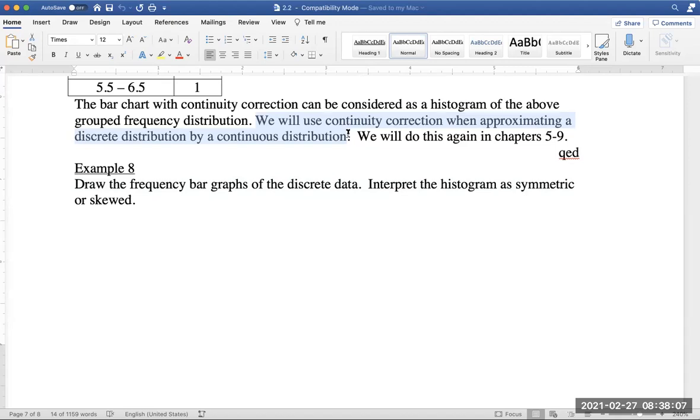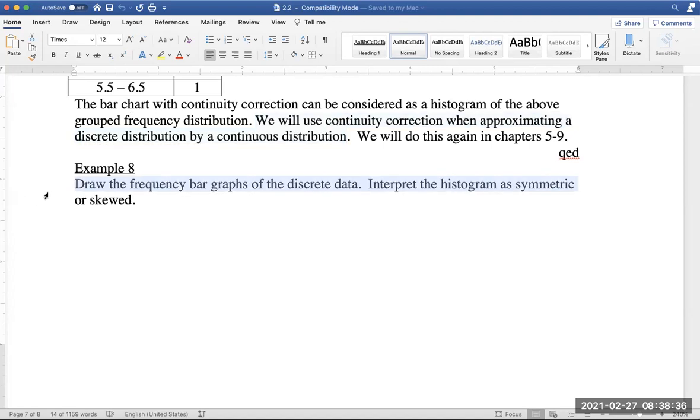This is a technique that we're going to be using often, especially in chapters 5 through 9. This idea of continuity correction, we'll be going over over and over again. We'll try to make these discrete distributions look like a continuous distribution.